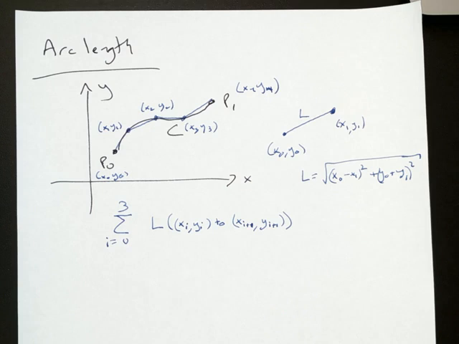I'm adding a bunch of stuff up. When I did areas under curves, I added up a bunch of little rectangles, didn't I? Well, now I'm adding up a bunch of little distances. Adding up a bunch of little rectangles gave me an integral. Adding a bunch of little distances should give me another integral. The question is, what's a formula for that L?